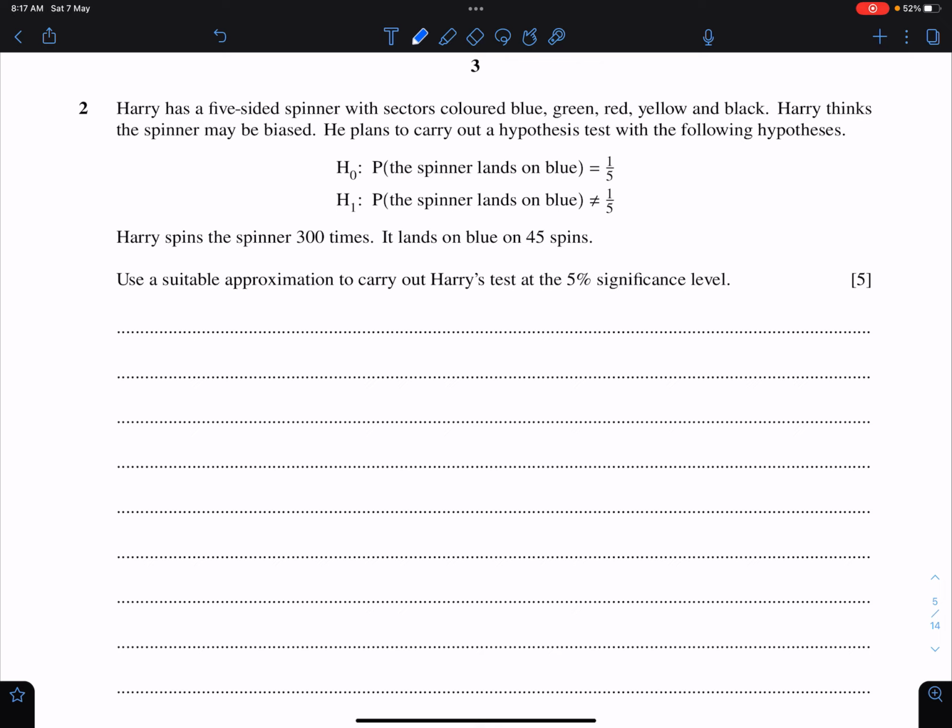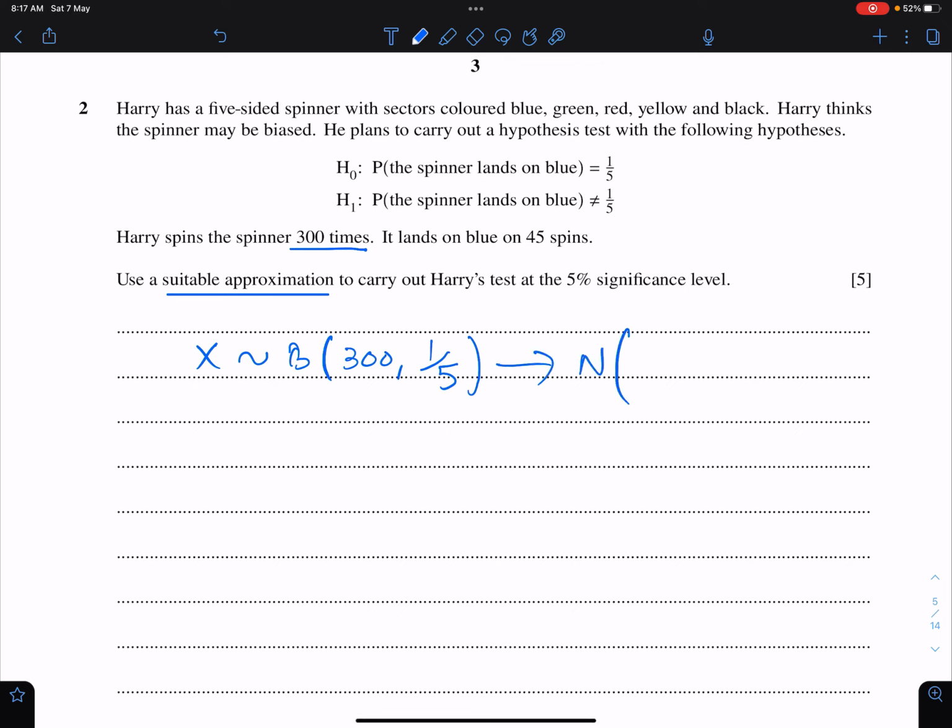Harry spins the spinner 300 times. So the distribution is binomial with n is 300 and p is 1 upon 5 under H0. Use a suitable approximation. This means the normal approximation.